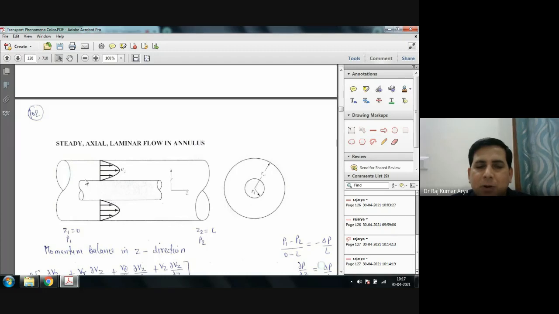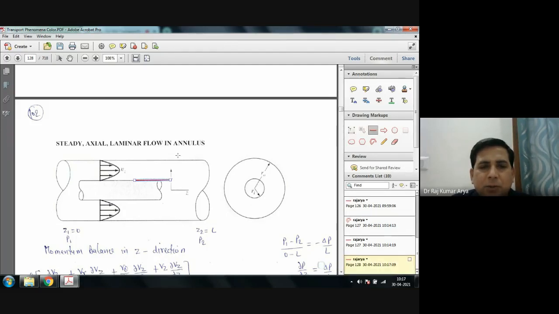You have perfect boundaries: this is the inner boundary, which is completely not in contact with the fluid, and this one is the outer boundary. So you have two boundaries. Both solutions need to be solved independently, and they will not impact the solution of the other side. So the inner side solution is the same as we did previously.